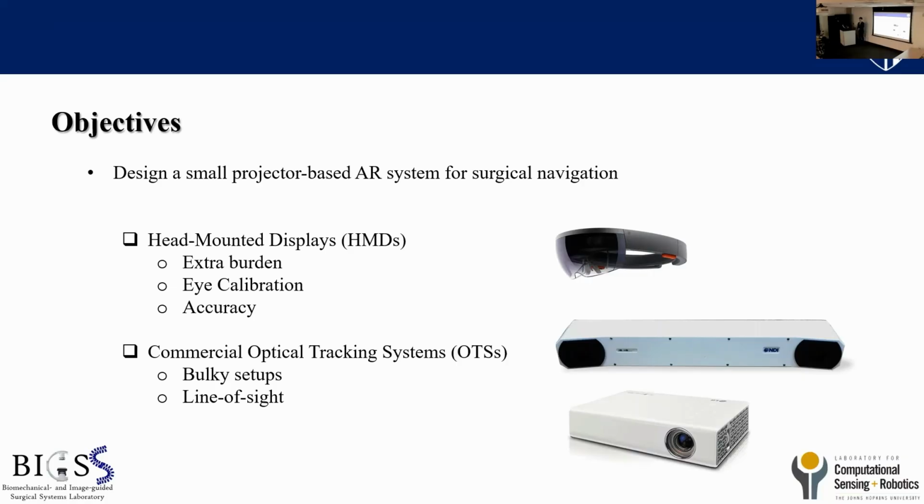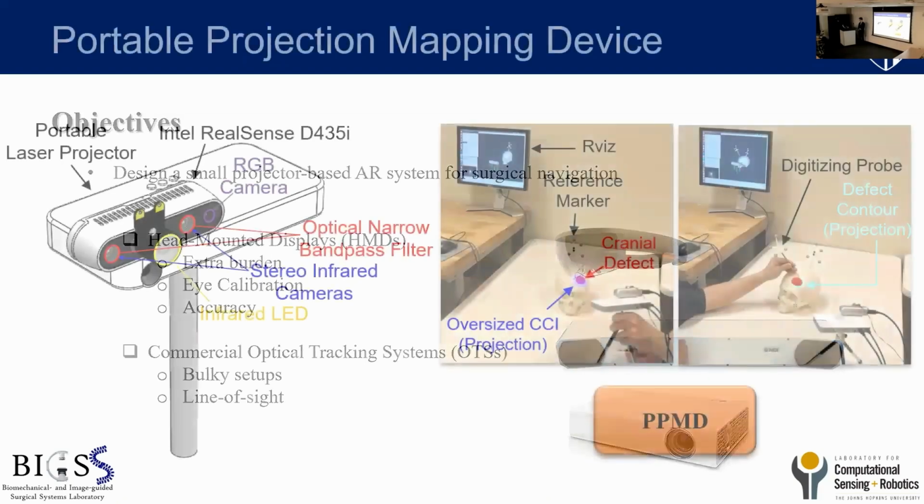And also, head-mounted display requires eye calibration each time, and there is always an accuracy issue with it. And also, we want to get away from using bulky setups such as commercial optical tracking systems, which also suffer from line of sight issues. To address these challenges, I designed this portable projection mapping device.